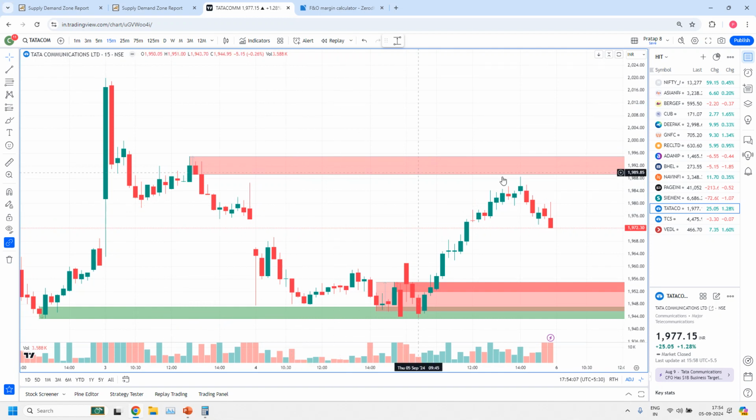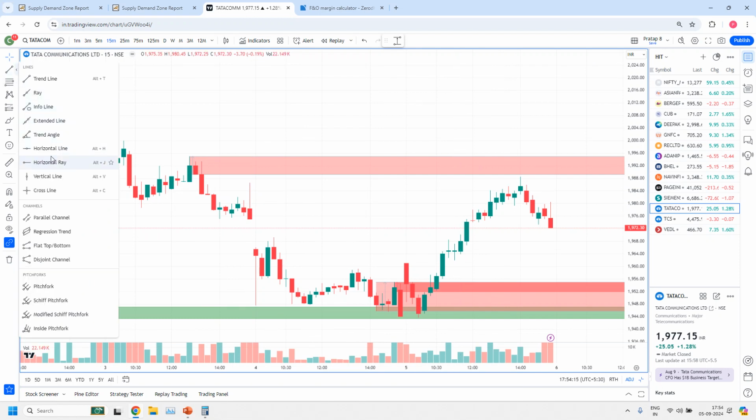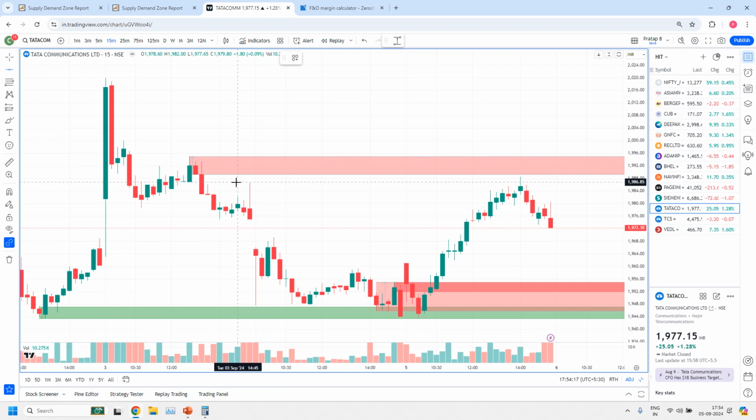Why? There is a reason, not up to here. See here, there is a strong rejection. Actually, you need to exit at the horizontal line, which I am going to draw. Here we should exit. The reason? Previously I explained once while taking the entry, the swing changes.